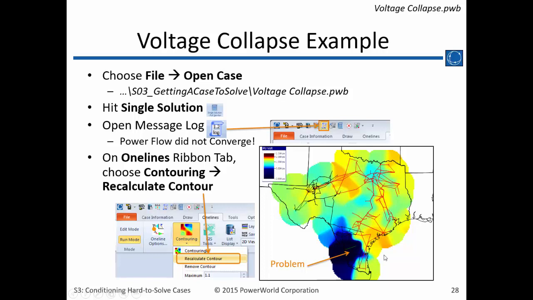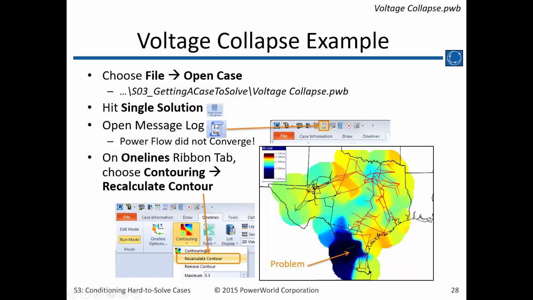And we've contoured a one-line diagram of ERCOT to give us a feel for where we're having the voltage problems. And you can see from our color key over here that we're getting voltages at 0.8 per unit and below in this region of ERCOT. So we're going to try and figure out what's going on here.